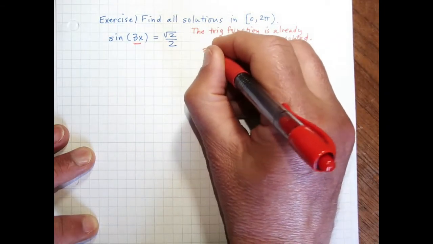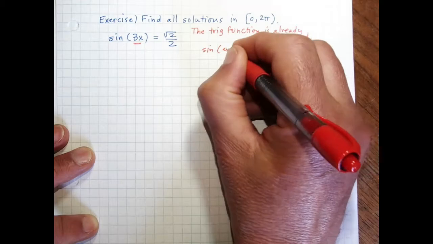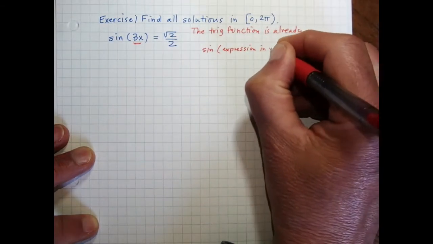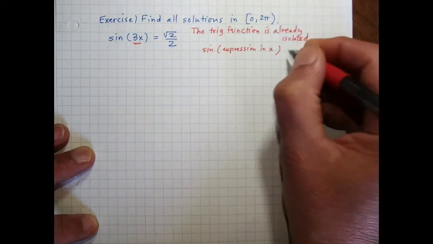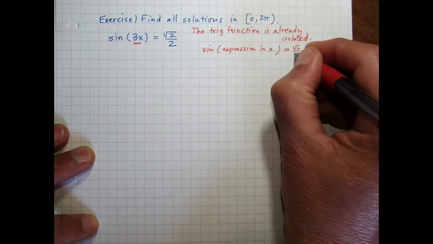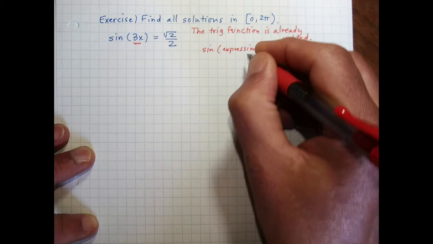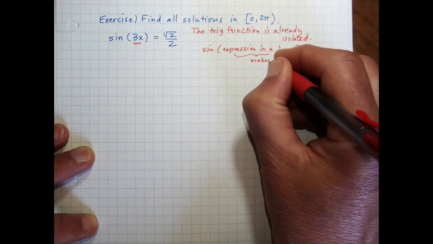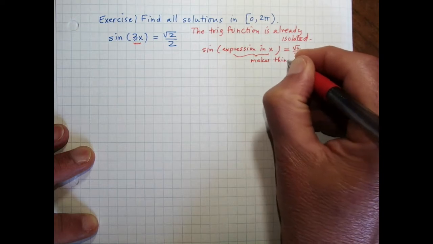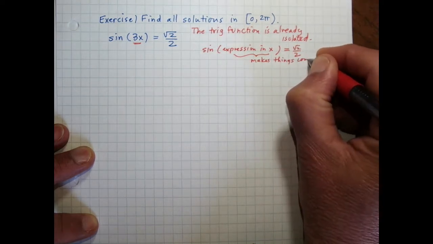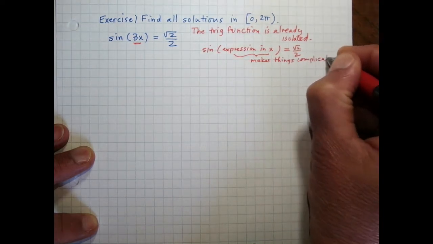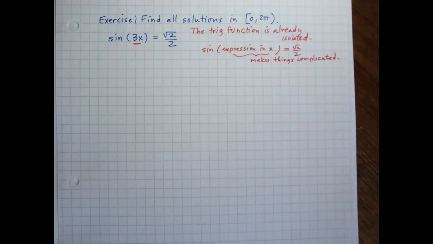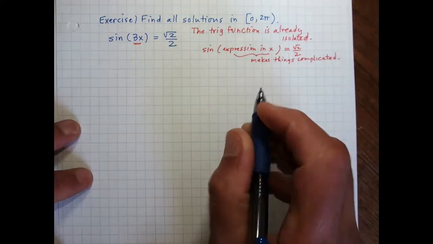Because we have sine of an expression in x equals square root of 2 over 2, that's our equation. This expression in x makes things complicated. Not super complicated, but more complicated than we've seen. So let's go ahead and start working our way through this one now.